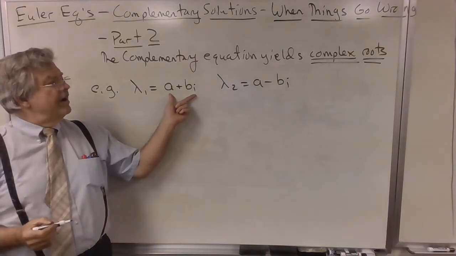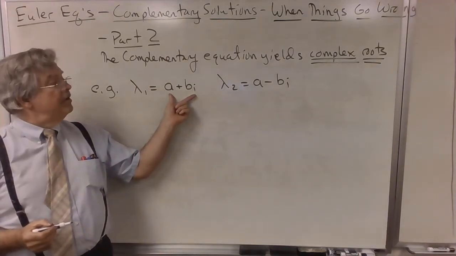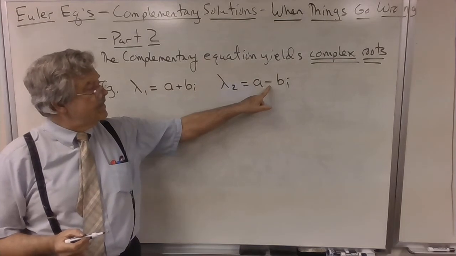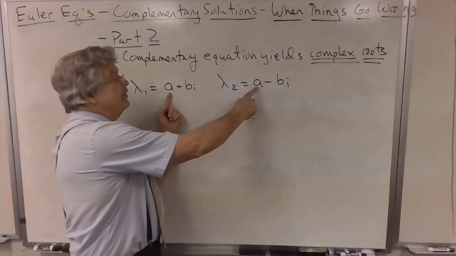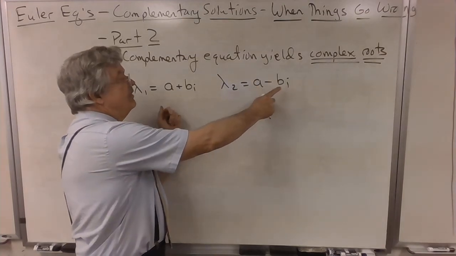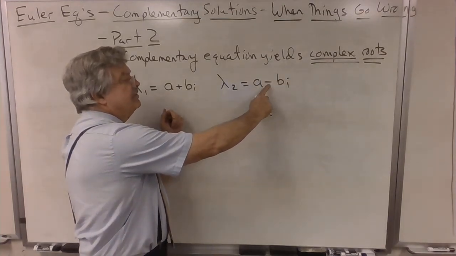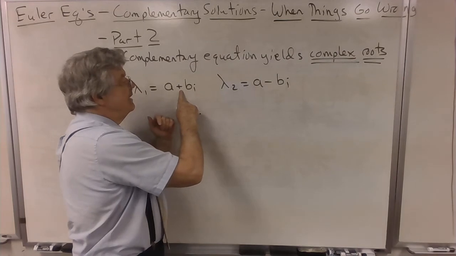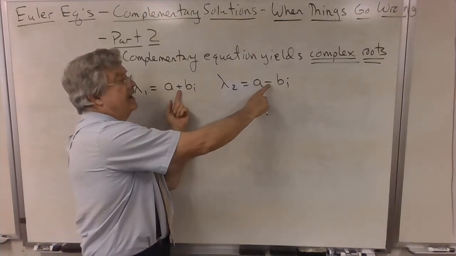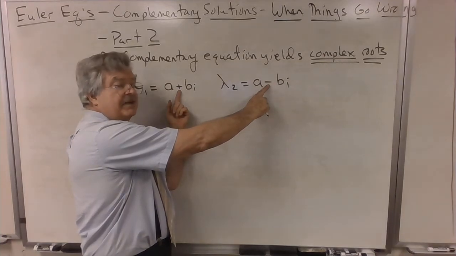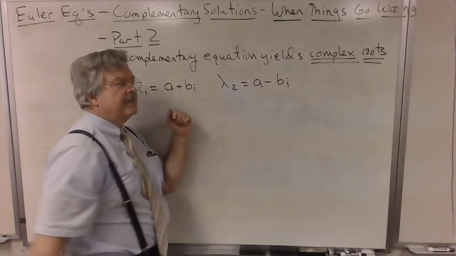Okay, so here are our two imaginary numbers, and notice that the second is the conjugate of the first. They have the same real part, and the imaginary part of the second is just the negative of the imaginary part of the first. So essentially, we just took the sign in between and changed them from positive to negative or vice versa.